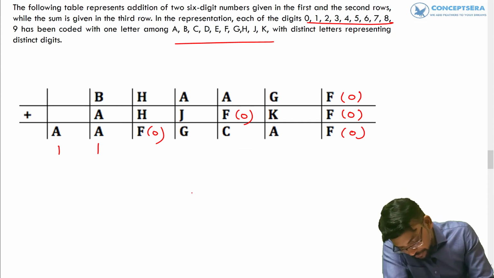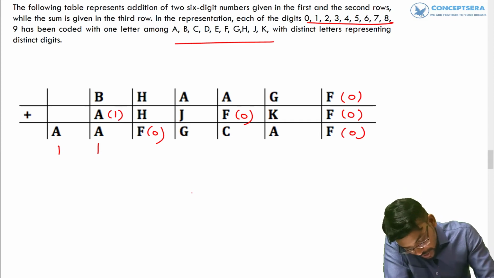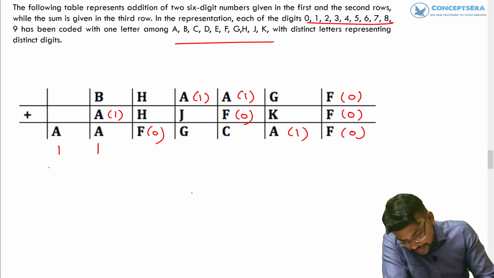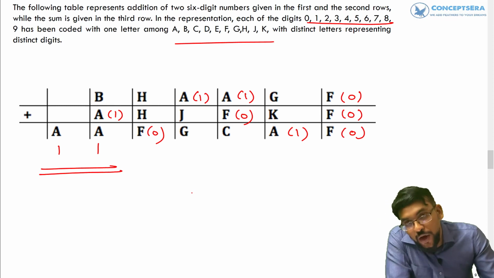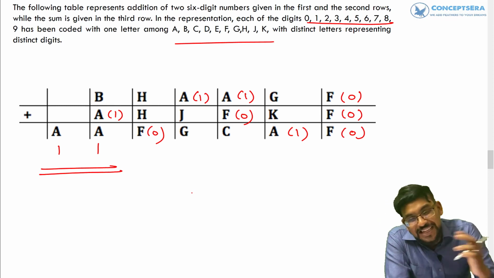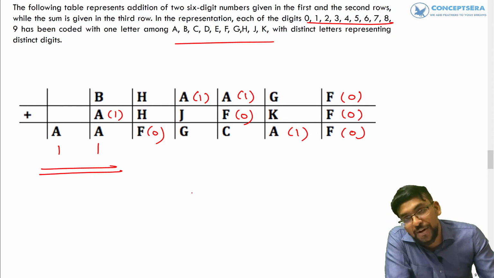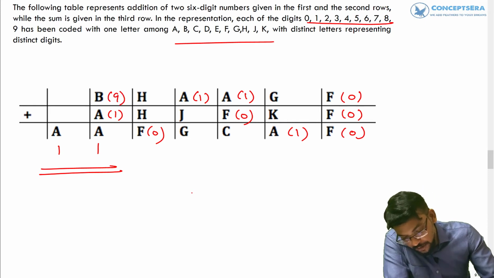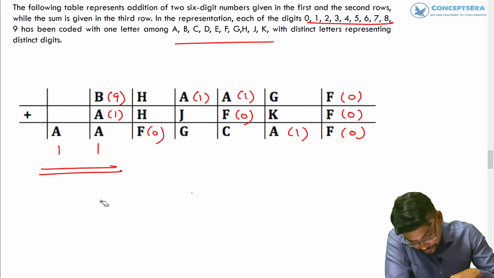Now when A is 1, we can fix A is equal to 1 here, and here, and here. Now we can see B plus 1 is equal to 11, and the maximum carryover possible is 1. So if we subtract 1 from 11, which comes out to be 10, B cannot be equal to 10, it means B has to be 9 here. So B is equal to 9.